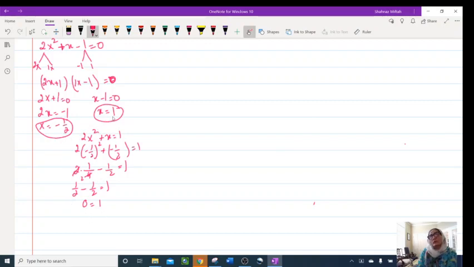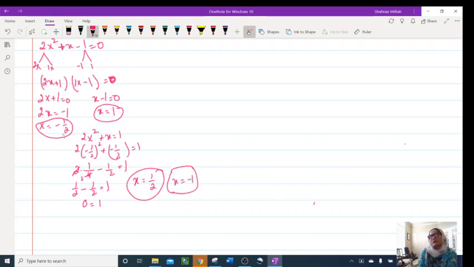If you want to try the 1, I'm not going to, because if this is wrong, then the 1 is automatically wrong. You can plug in 1 and you will see you're not getting the right answer. So what I did was change x equals half to x equals negative 1. Let's do that.